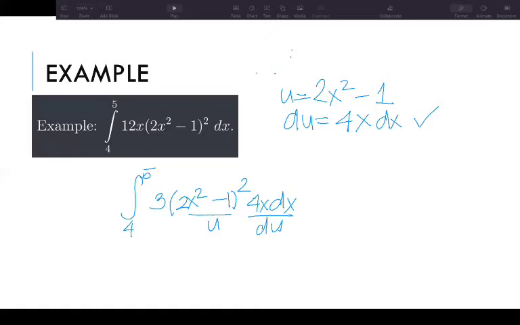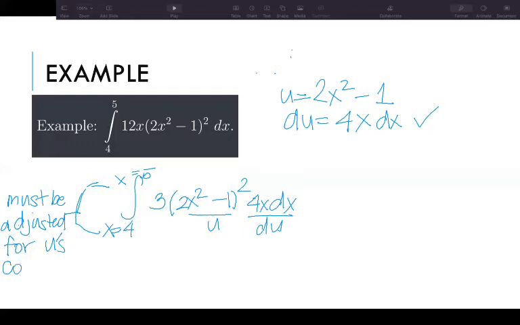Remember, we will substitute x with u, which means that our lower and upper bounds should be changed. These two must be changed. Or should I say, must be adjusted, for u constraints. So we will substitute x to u.